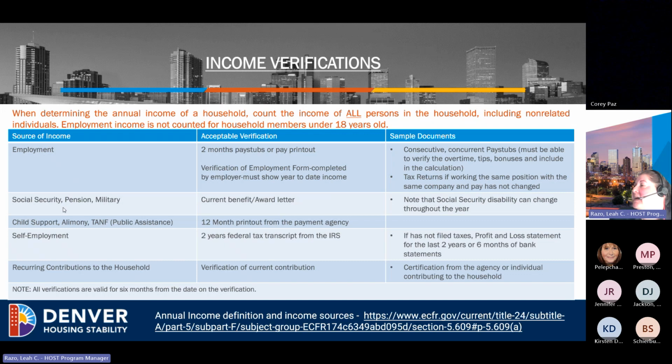When you have residents that have income from Social Security, pensions, military, VA, things like that, there should always be a current year's benefit award letter that you can request as the acceptable documentation. Child support, alimony, TANF, you should be able to get a 12-month printout from the payment agency.